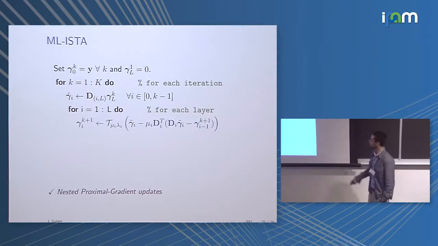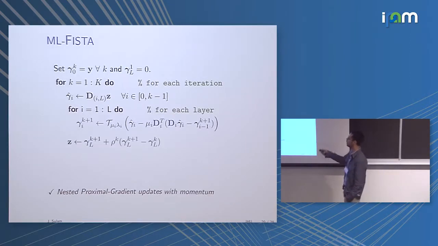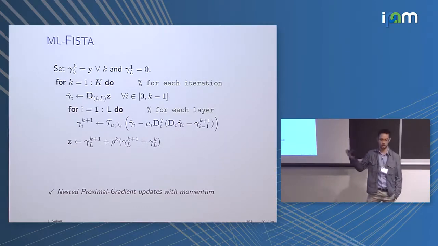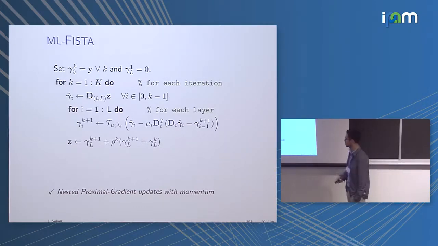And because this is a multi-layer ISTA, it's also very natural to add a momentum term, and so this would turn this into a multi-layer FISTA, fast iterative soft thresholding algorithm.